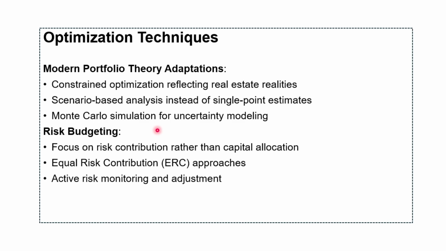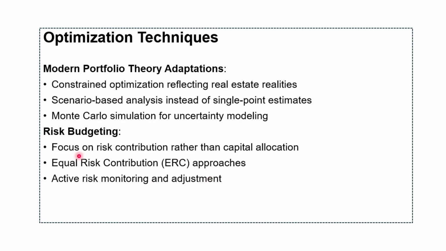Then we have Monte Carlo simulation, which models uncertainty by running thousands of potential scenarios, helping understand the range of possible outcomes and the possibility of achieving target return. Then we have risk budgeting, which focuses on contribution rather than just capital allocation. This approach asks how much risk each investment is contributing to total portfolio, rather than just how much capital is allocated to each investment.